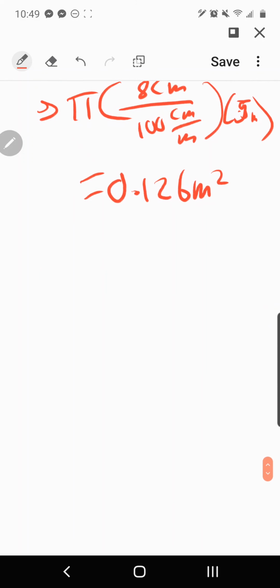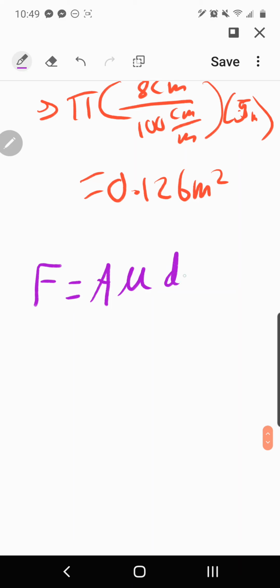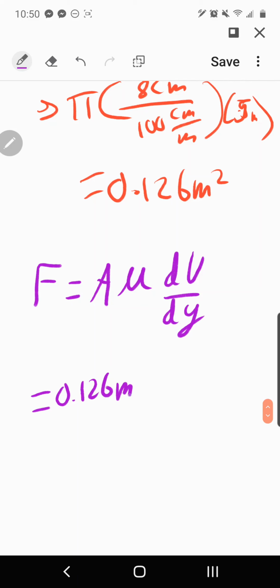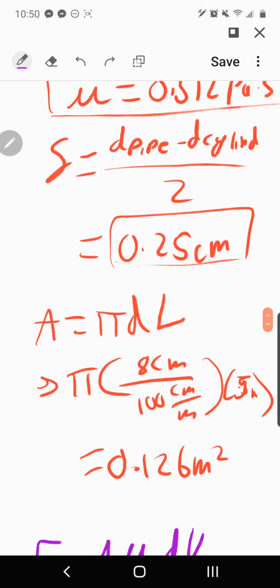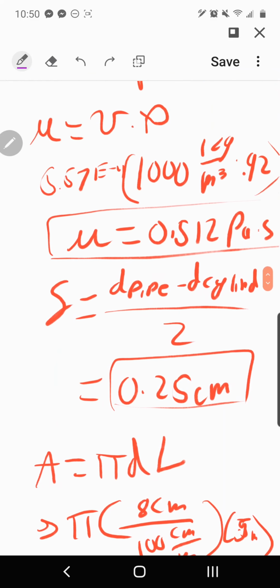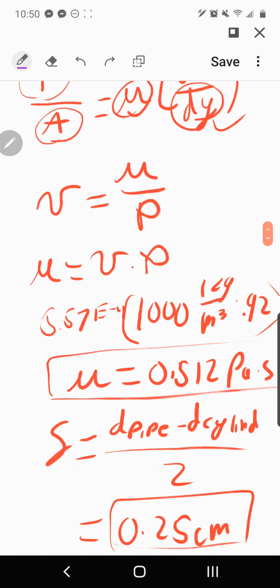All right, now that we have all this information, let's see what we can do about this force. Let's rearrange this equation. Force is equal to A times mu times dV over dy. This is going to be 0.126. I'll leave units out because I don't have a lot of space. We're going to multiply that by our mu, which was 0.512.